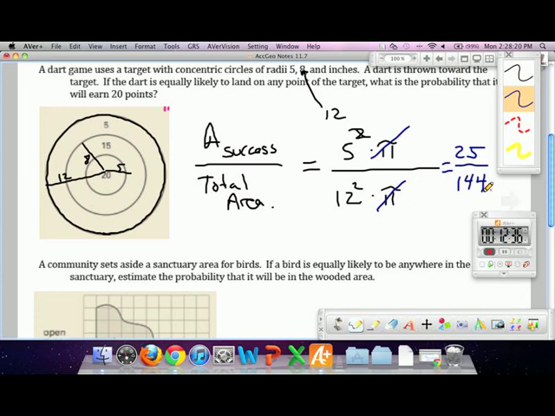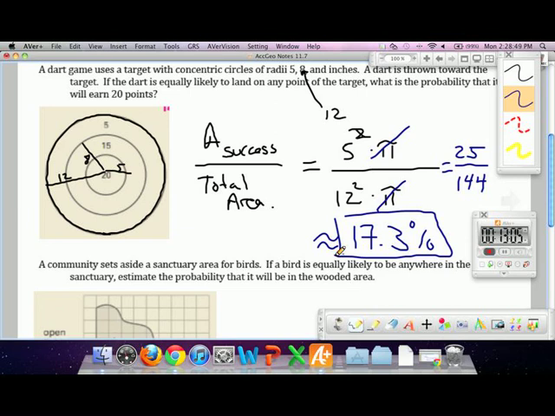And 25 out of 144 is what percentage? With a calculator, you could check this out. It's got to be less than half. It's probably 17.36.